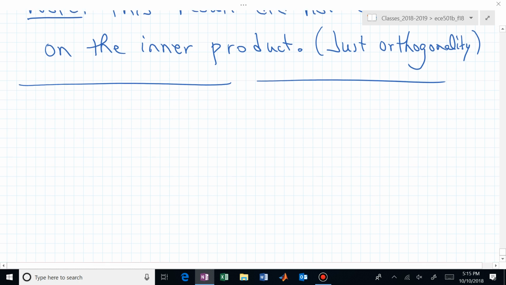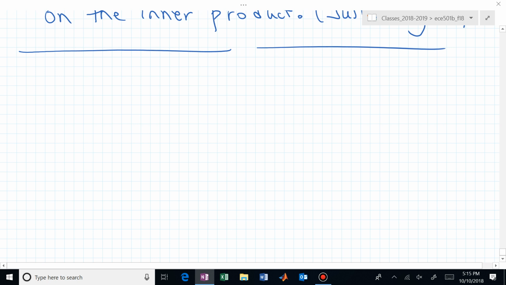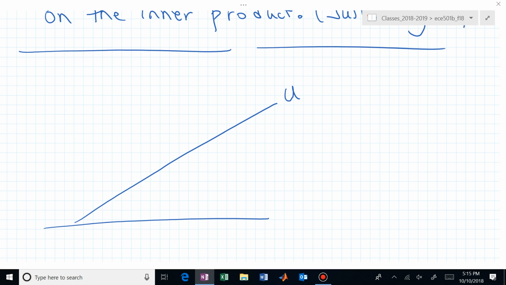But what we want to be thinking about now is, if somebody gives you an arbitrary vector, let's say u, and now they give you another vector v, we want to now say, how do I make this vector u out of some scaled version of v? Maybe it wasn't too hard. I scale it a little bit, and then I try to get another component that's orthogonal to v.